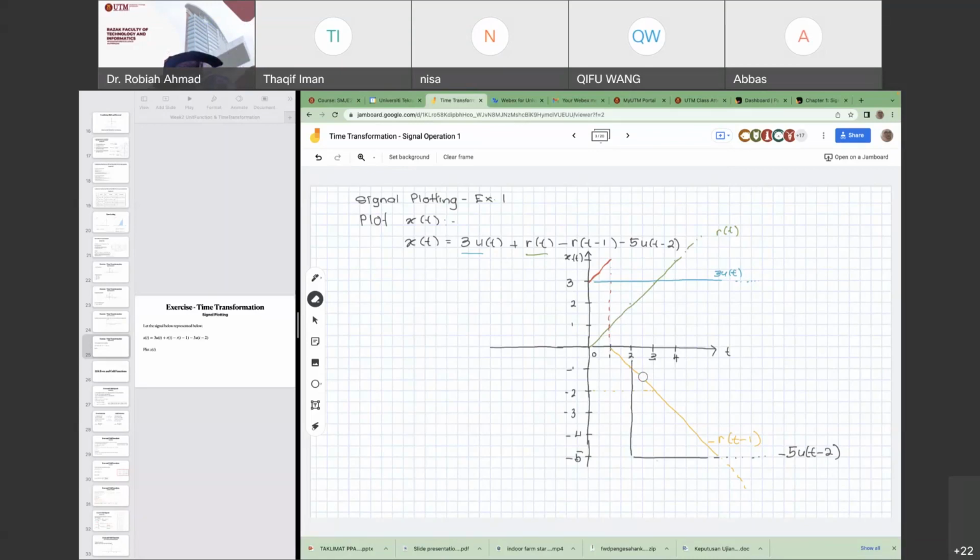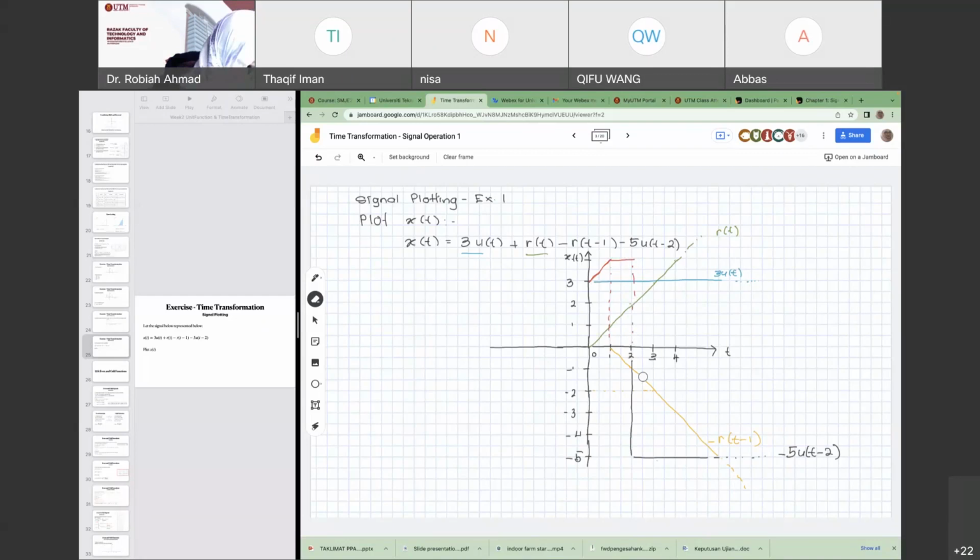So what happened, class? Up until here we have the green and the yellow cancelled out, but then we still have the blue. So here up until 2. And then what else do we have?